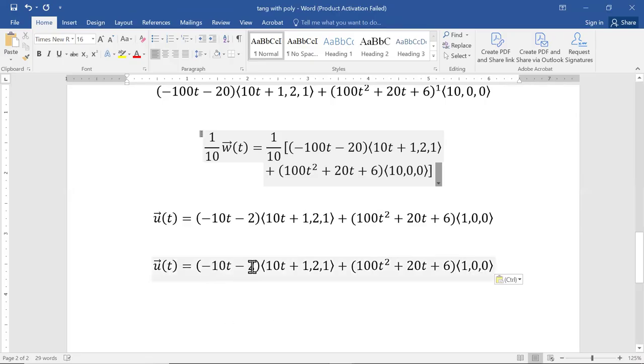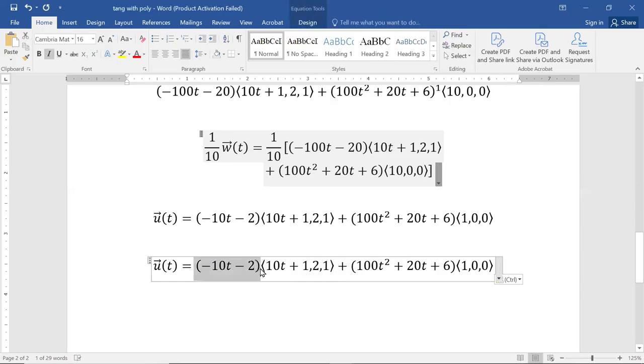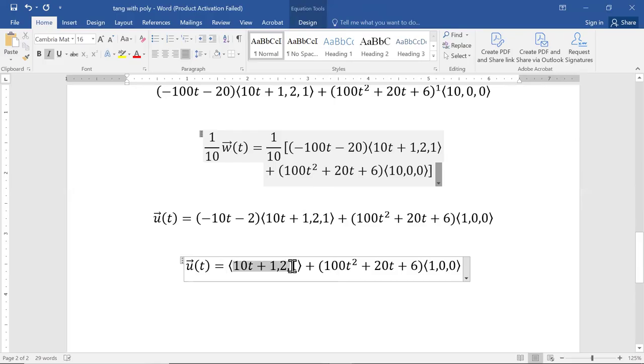Negative 10t minus 2 times 10t plus 1. When I multiply that in and distribute it, and then I'm going to take 100t squared plus 20t plus 6 and multiply that in and distribute it.